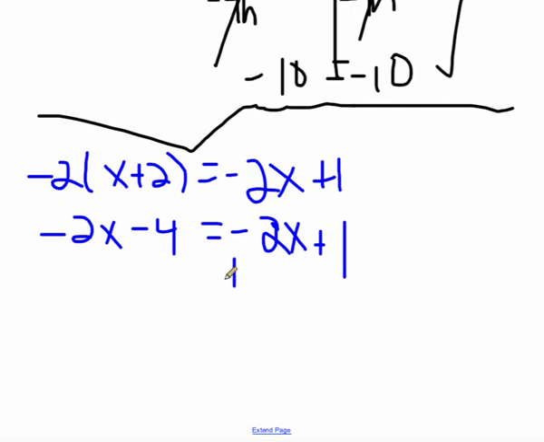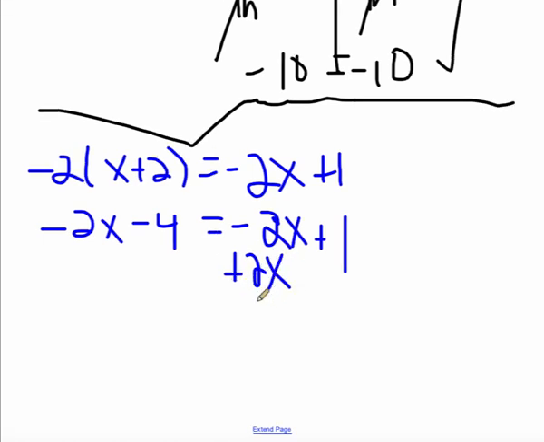If I add 2x, so notice I'm adding here because that's a negative 2x. So in order to make it 0, I need to add. Do the same thing over here. Remember to line it up with its like term. Negative 2x plus 2x is 0. Bring down my negative 4. Negative 2x plus 2x is also 0.